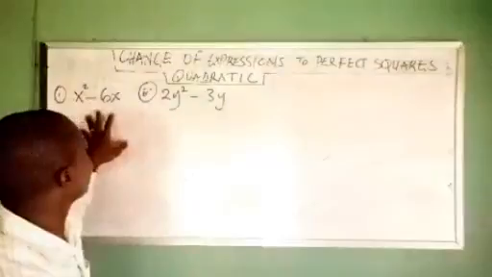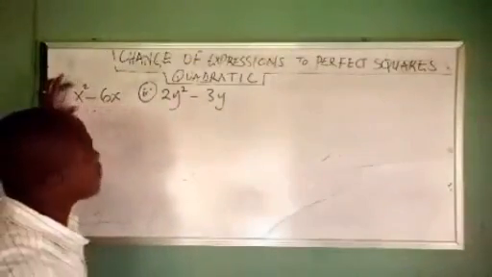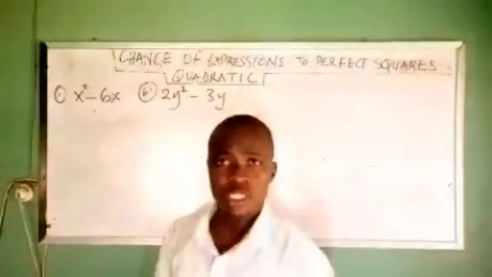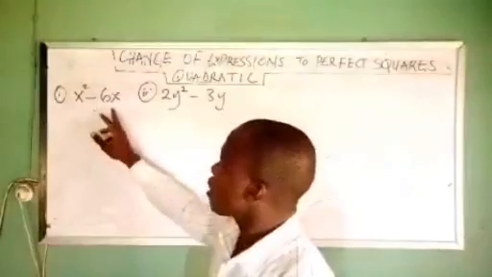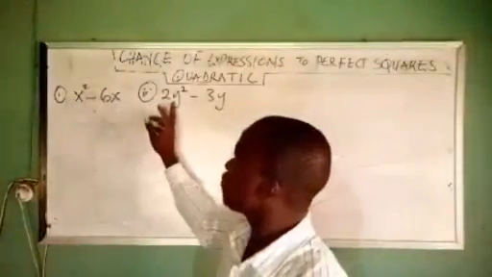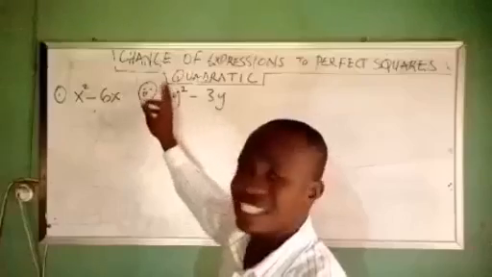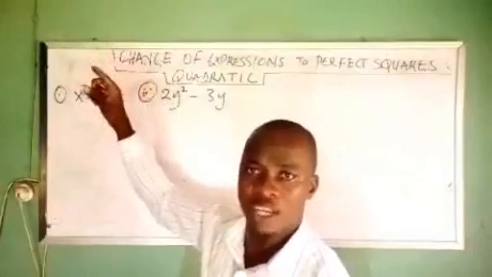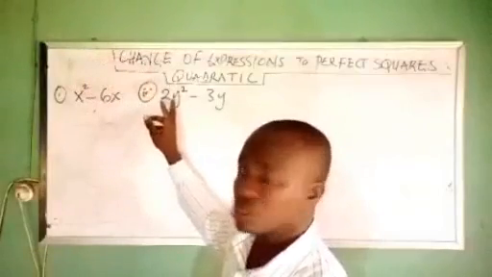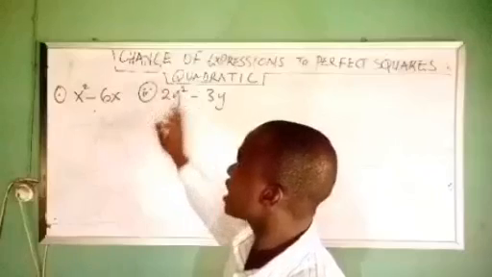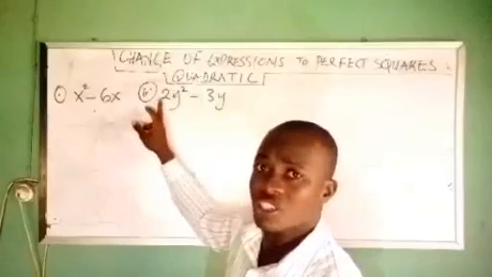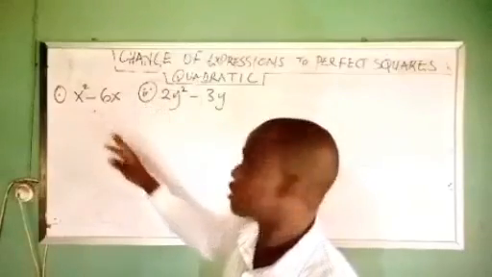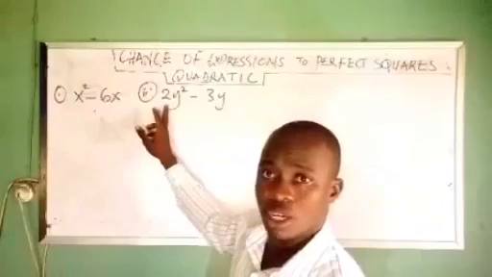The coefficient of x squared is unity, which is 1. The coefficient of y squared, the term with the highest power, is not 1, not unity. It's more than 1, which is 2.